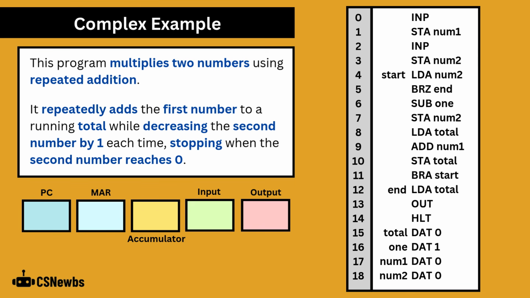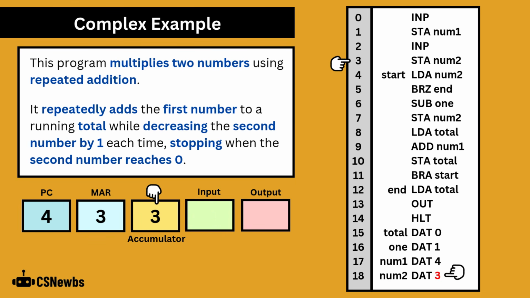Finally, let's look at one more program which uses all required mnemonics except for BRP. This program multiplies two numbers using repeated addition. It repeatedly adds the first number to a running total while decreasing the second number by 1 each time, stopping when the second number reaches 0. We are going to multiply 4 by 3, inputting 4 to store in num1 and inputting 3 to store in num2.